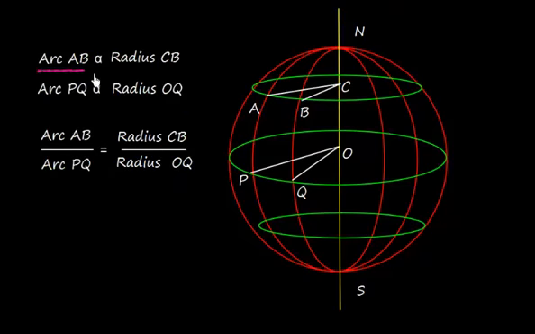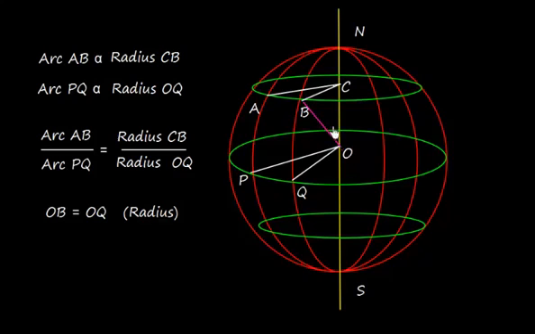So arc AB is directly proportional to the radius CB, and arc PQ is proportional to the radius OQ. If we divide, we get this relationship: arc AB divided by arc PQ is equal to radius CB divided by OQ.